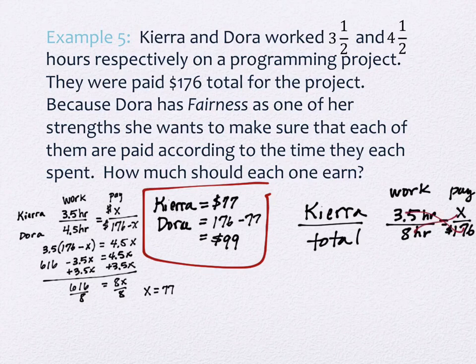Because when I multiply, I don't have to do any distribution. I have 8x, and I have that 616 that I had a moment ago, like immediately. So the x is the 77 dollars. And of course, we still go back and find Dora, and Dora is going to be the $99.